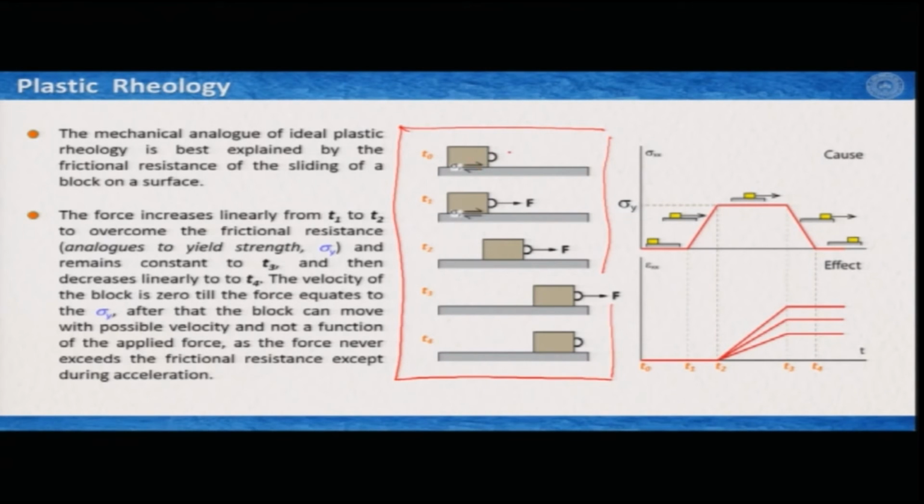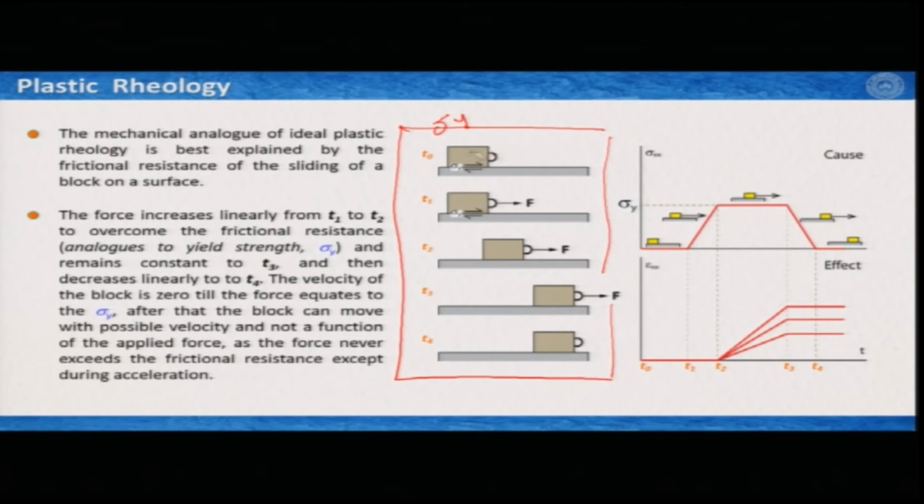Immediately the friction develops when I try to pull this, right. So, it has a friction, and I can consider this friction as the yield stress, which is sigma y, right. We gave an example in the beginning that you cannot move anything instantaneously.